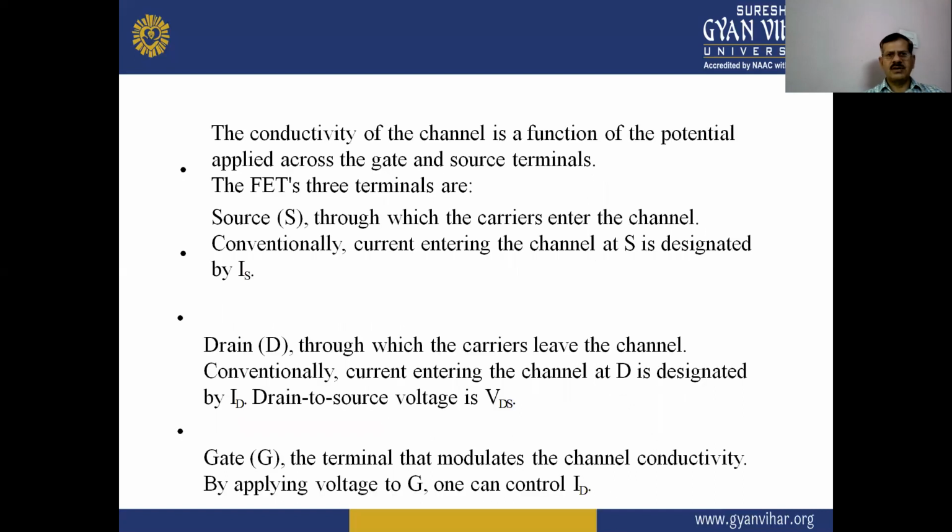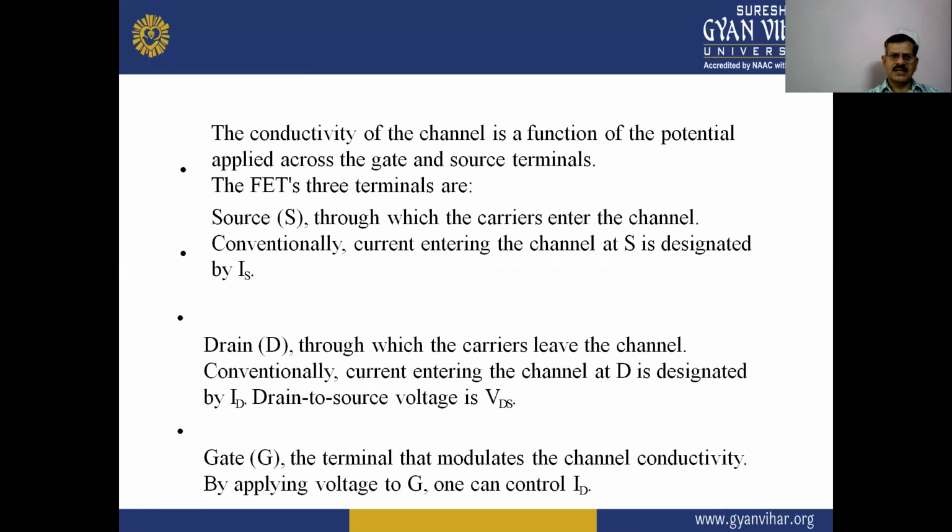The conductivity of the channel is a function of the potential applied across the gate and source terminals. So the FET has three terminals: the first is the source, the second is the drain, and the third is the gate. So the FET is a three terminal semiconductor device.